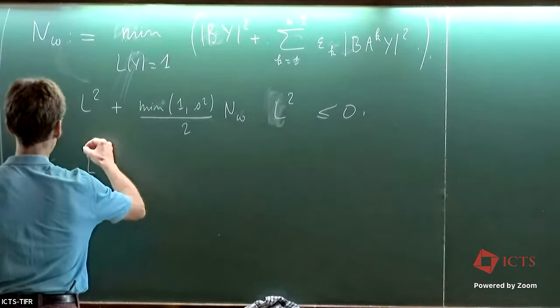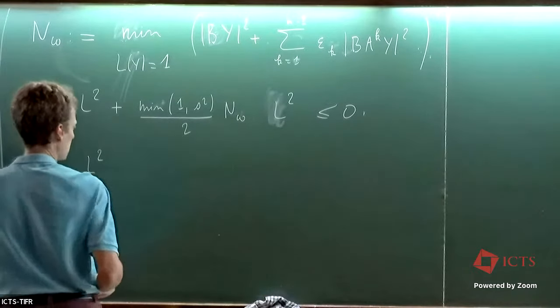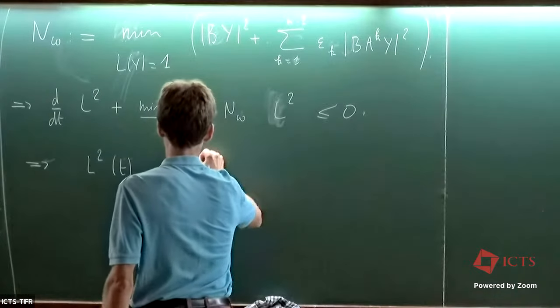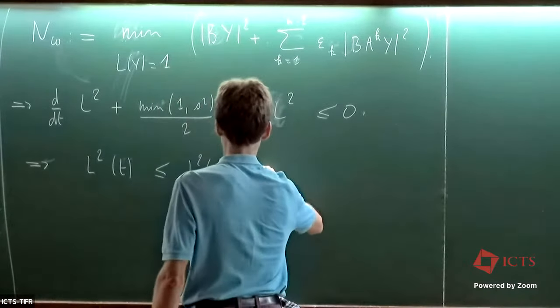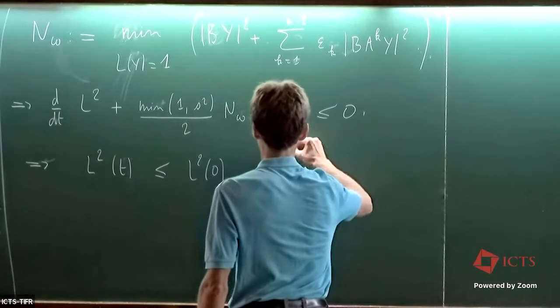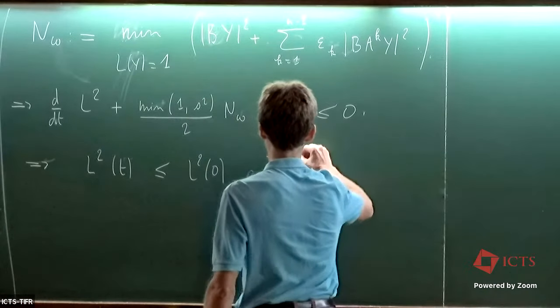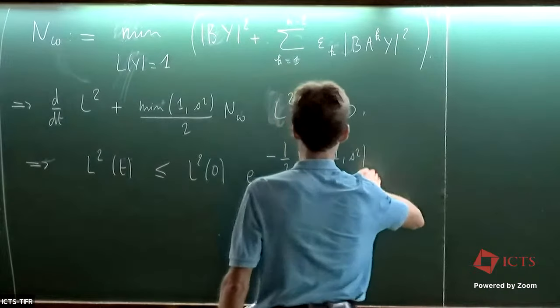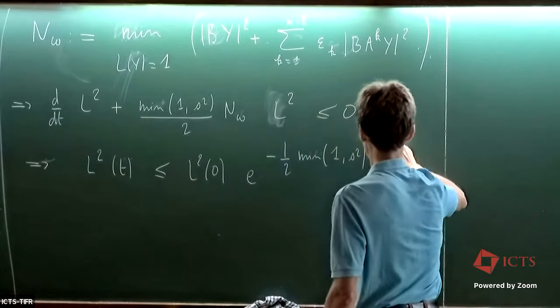Okay, which implies that L square is smaller than L square 0 times exponential of minus 1/2, the minimum of 1 and S square, times n omega t.